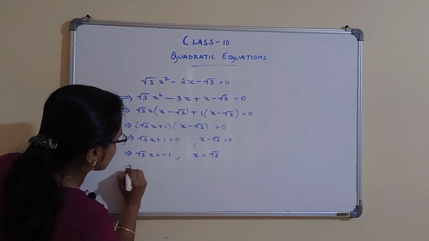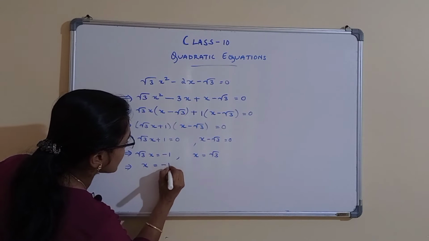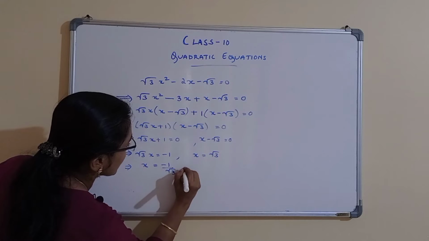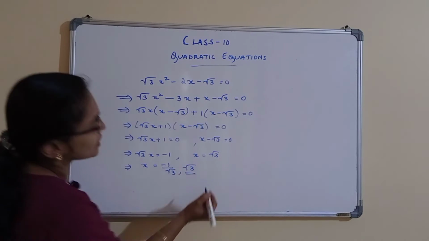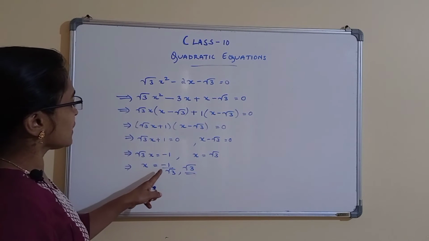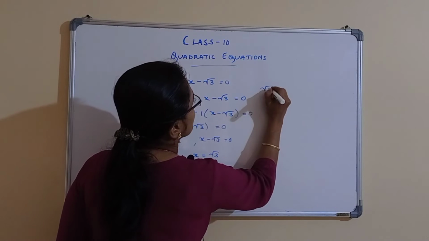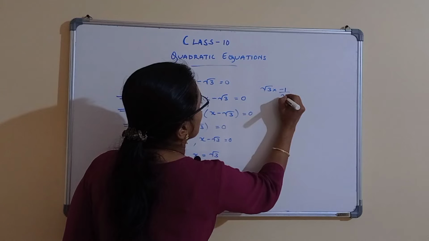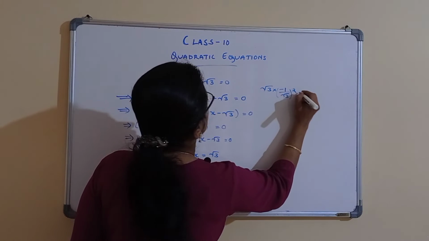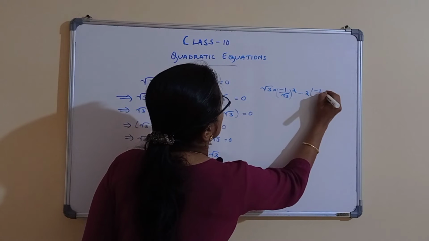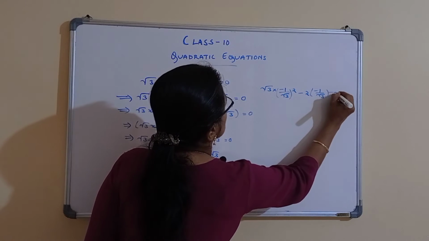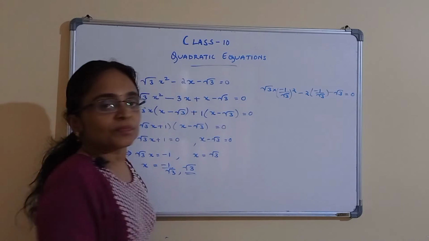That is, here x is equal to minus 1 by root 3 and x is equal to root 3. We can check this again. If we put the value of x as minus 1 by root 3, we have root 3 into minus 1 by root 3 the whole square minus 2 into minus 1 by root 3 minus root 3 is equal to 0, root 3.